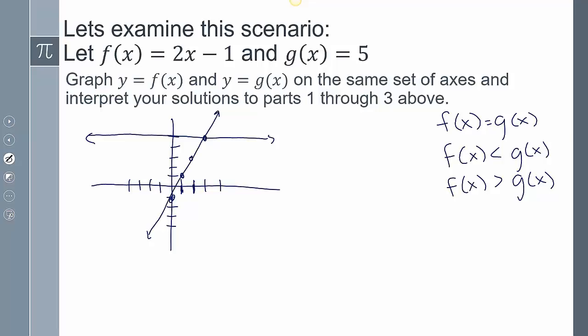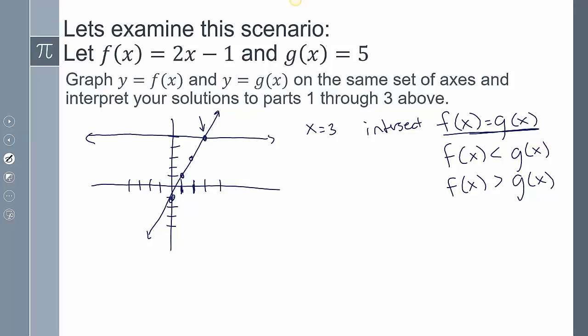Now if you notice, if this is my graph, where f of x equals g of x, that's representing where they intersect. This is saying where does this graph equal this graph, and that happens to be here, which is why we said it's where x equals 3.